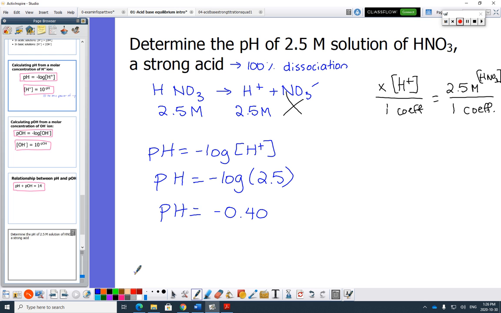So just plug it in and you'll get your answer. If it helps you, then you can add into here. So nitric acid, again, the nitrate part of it can be used to make explosives. So if you had 2.5 molar nitric acid, somebody would have some questions for you. So it's very strong.